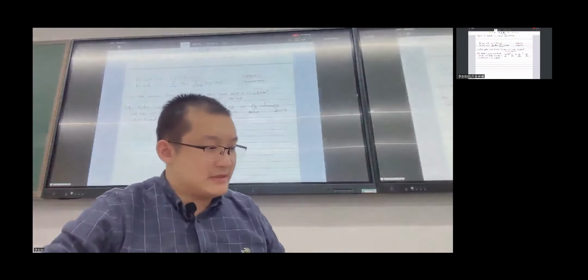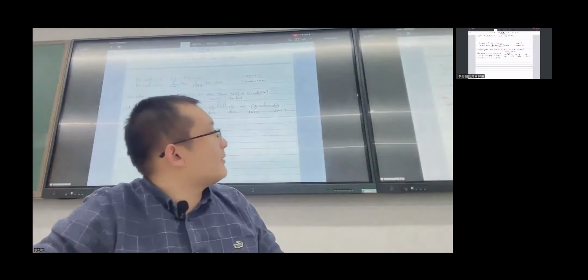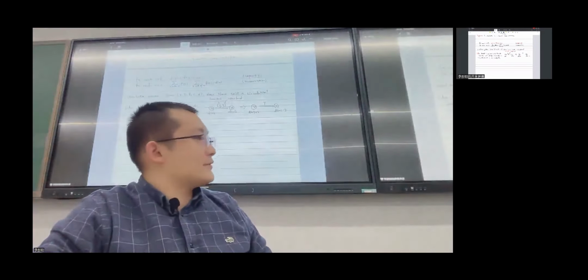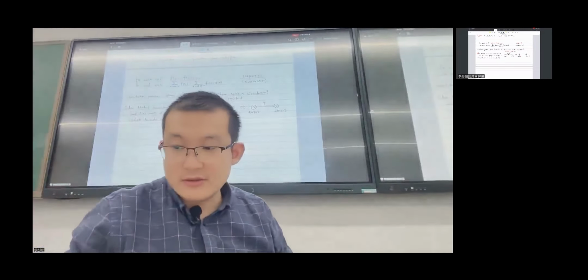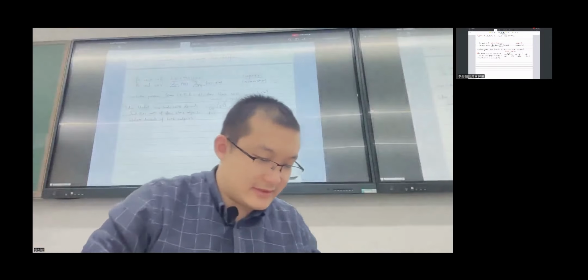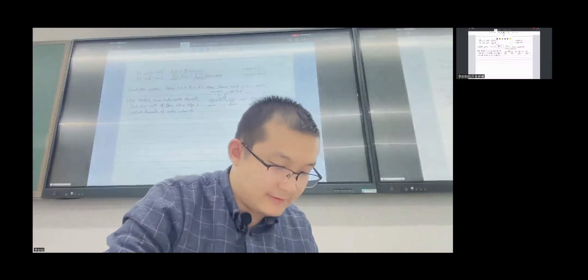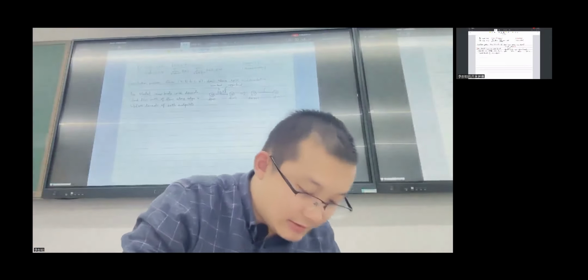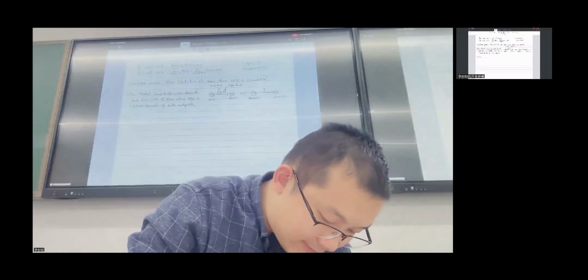So this suggests that circulation with demands and lower bounds is the same as circulation with only demands. So we can write this down as a brief theorem.